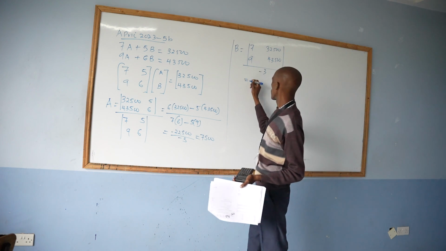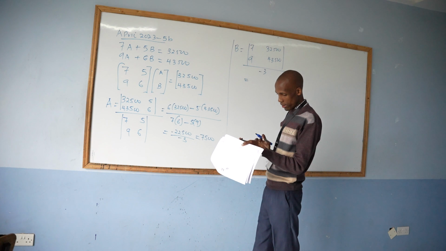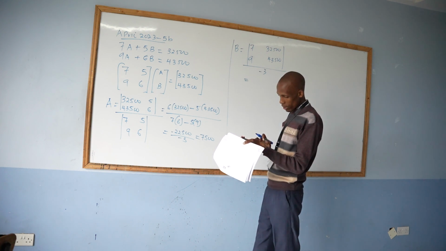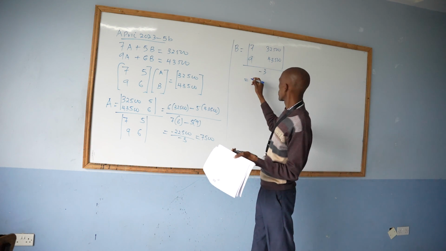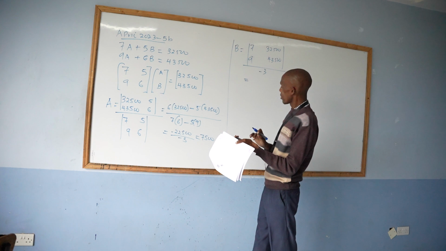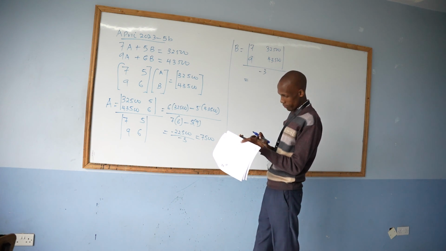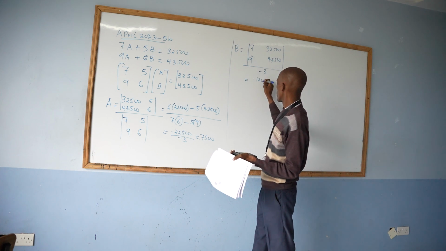The numerator is 7 times 43,500 minus 9 times 2,500.